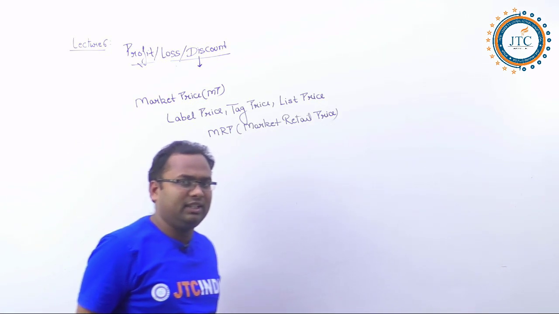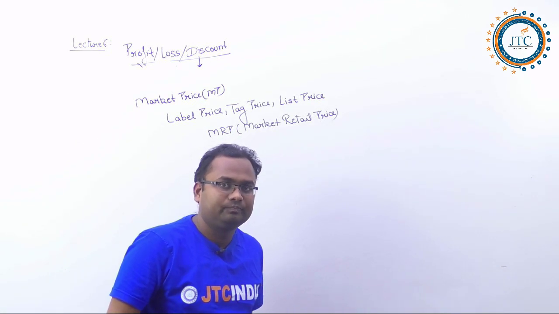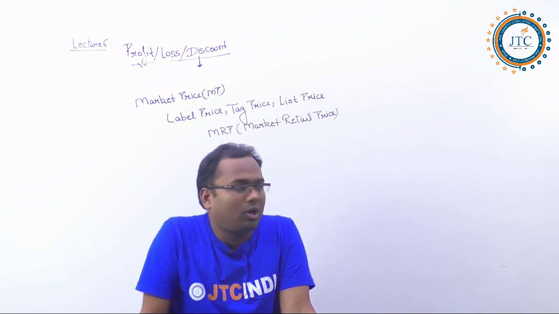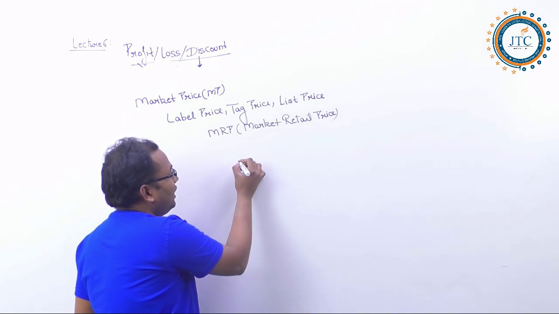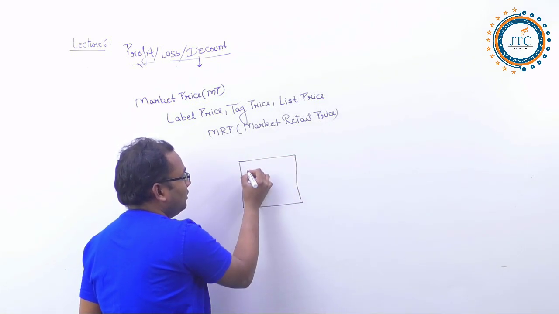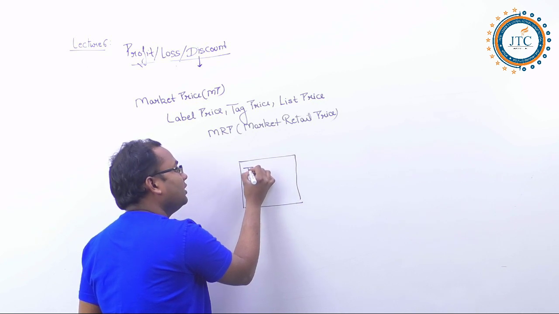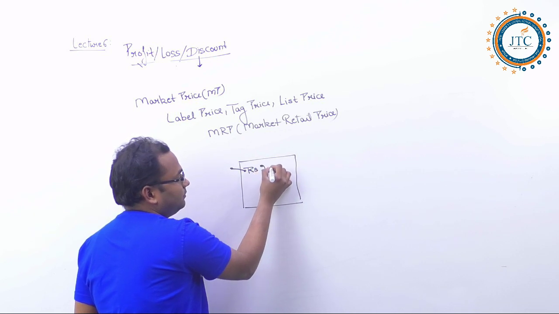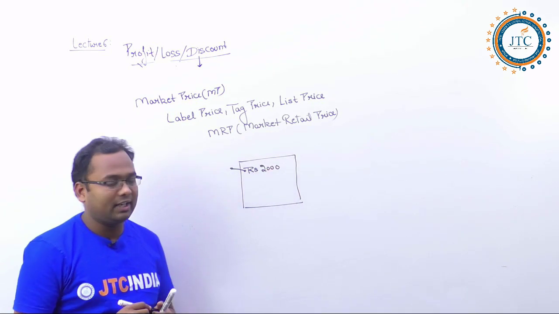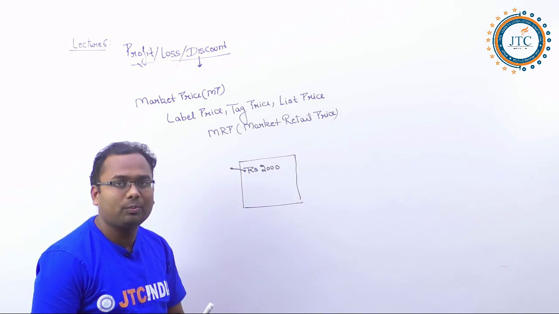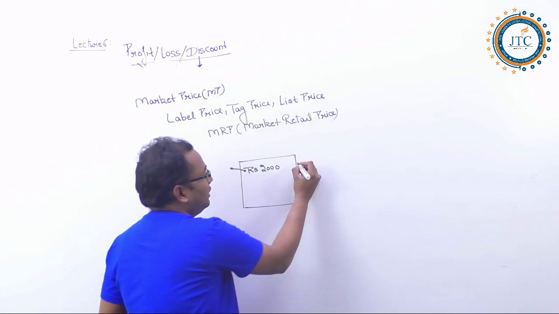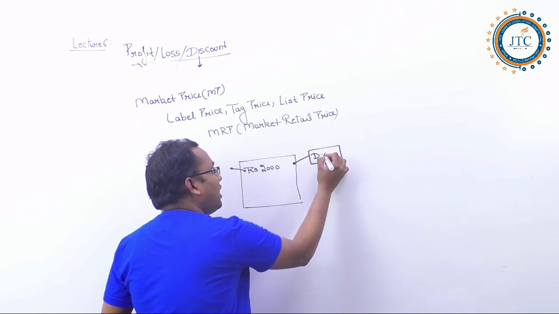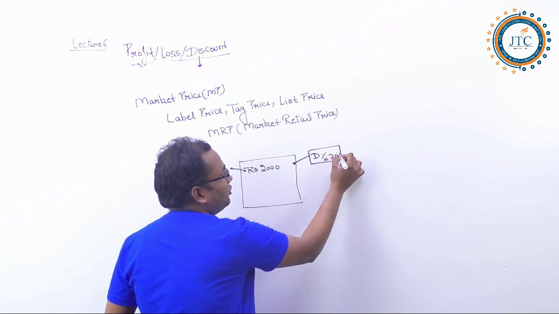So students, what is the relation of market price with the discount? First of all, discuss with one example, like we are going to a shop and we are trying to buy an article having market price or tag price rupees 2000, and we have given one more tag here, discount percent is equal to 20%.